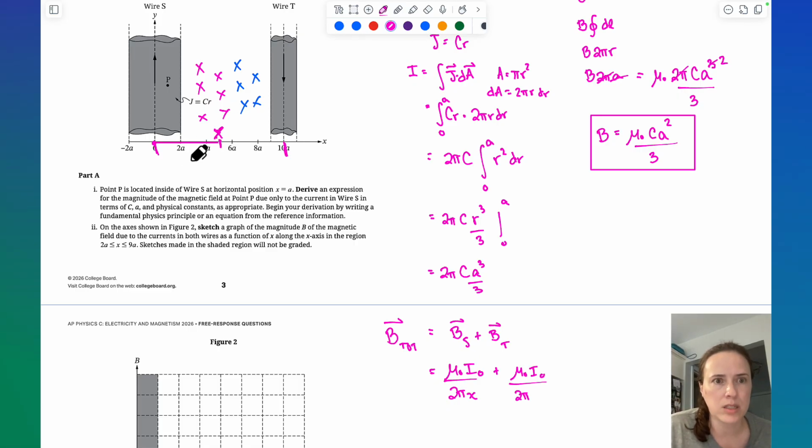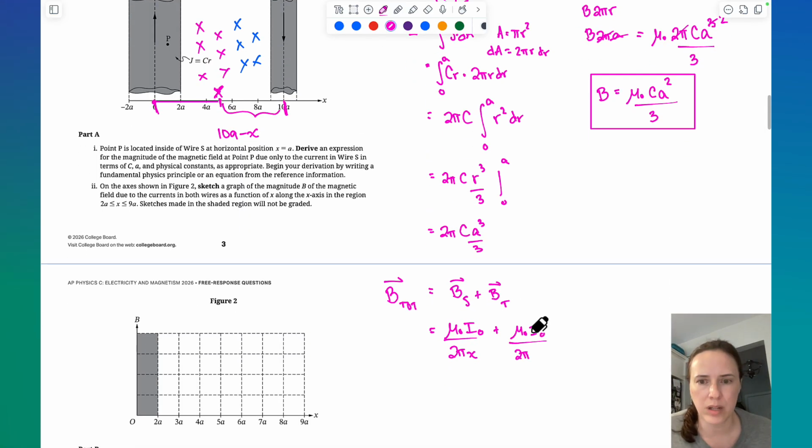However, for wire T, if I want to write that in terms of x, it's going to be 10a minus x. So that distance from here to here is going to be 10a minus x. That's what's going to go down here, because it's the distance from the center of the wire.